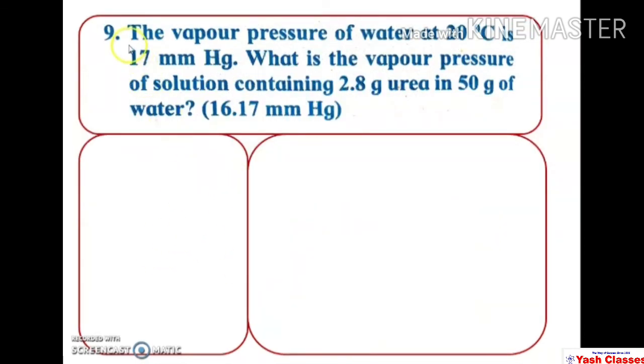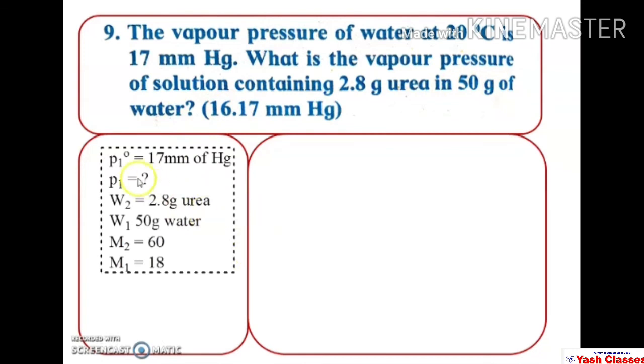Now next problem, the vapor pressure of water at 20 degree centigrade is 17 mm of mercury. What is the vapor pressure of solution containing 2.8 gram urea in 50 gram of water?